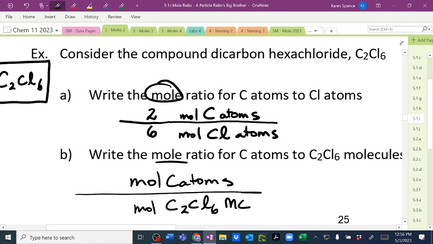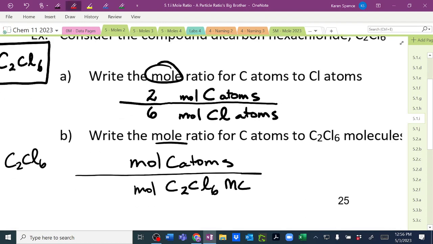Tell your partner what numbers go on the top and the bottom there. Well, if we have one of these particles, how many carbon atoms would we have? We would have 2. So if I have 1 mole of those particles, I will have 2 moles of carbon atoms. Okay, so it's a 2-to-1 ratio.